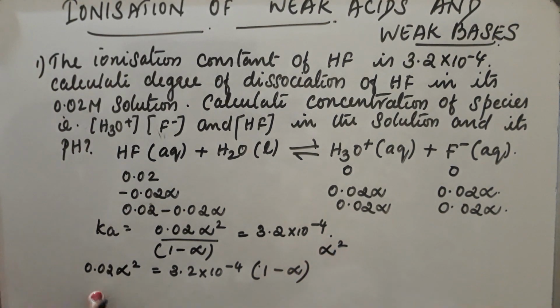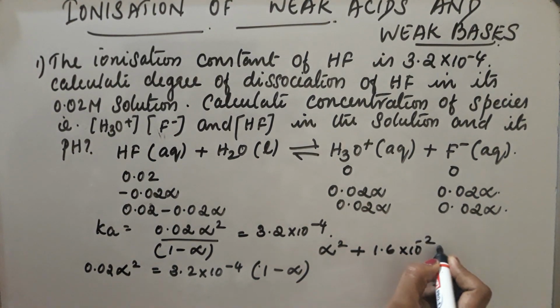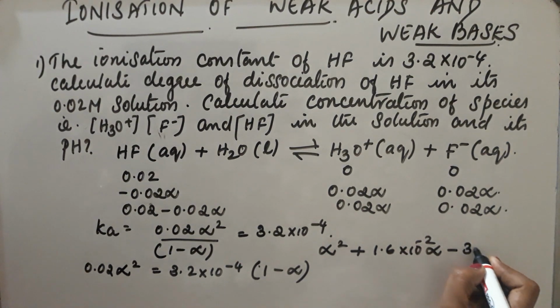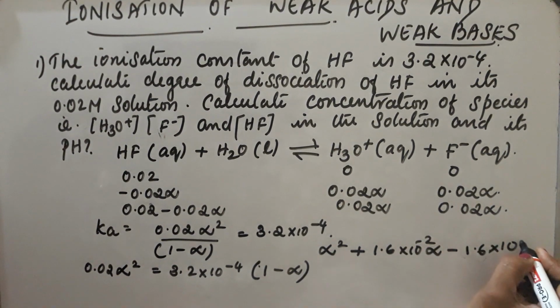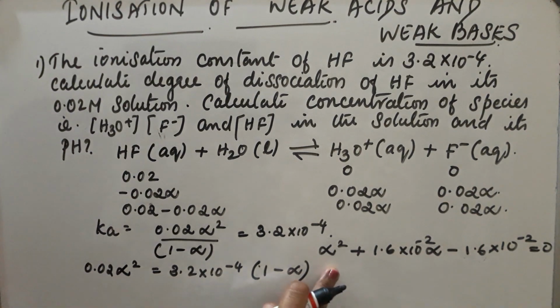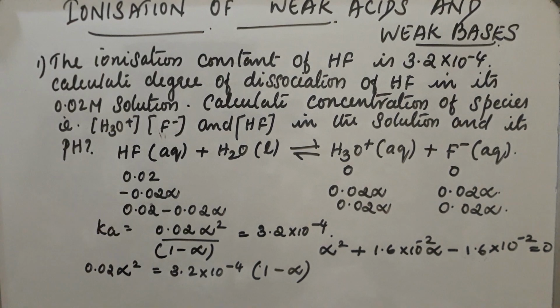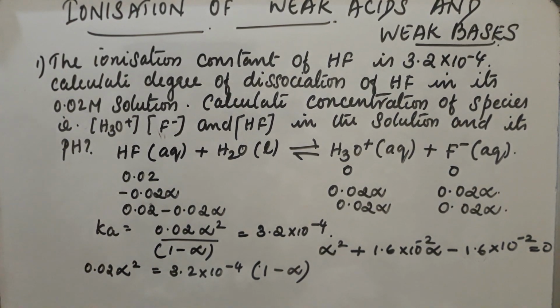Alpha square plus 1.6 into 10 raised to minus 2 alpha, minus 3.2 into 10 raised to minus 4 divided by 0.02, which becomes 1.6 into 10 raised to minus 2, equal to 0. So alpha square term, alpha term and a constant term. The equation will be like this. From this we are solving the equation and we will get the alpha.